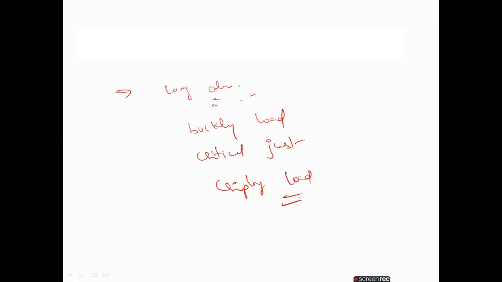Due to this only, the buckling stress, the bending stress, will develop. In the long column, the buckling stresses will develop. In the short column, direct compressive stress will happen.